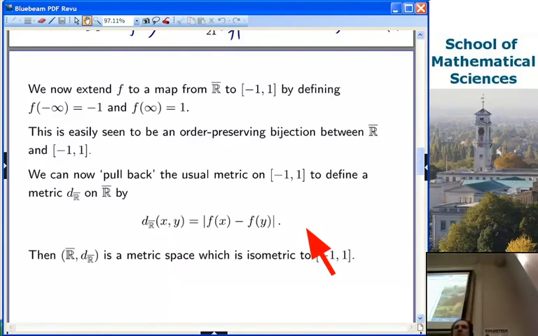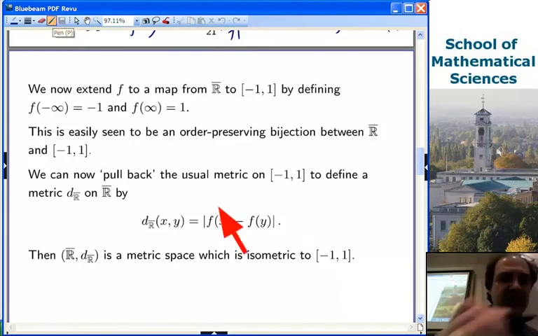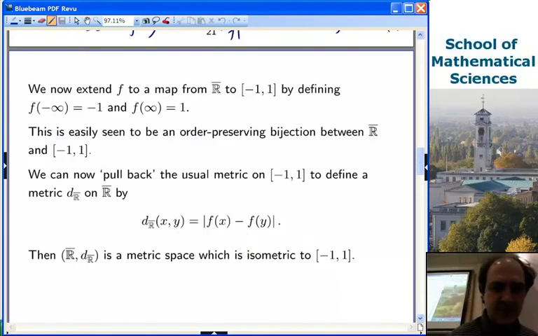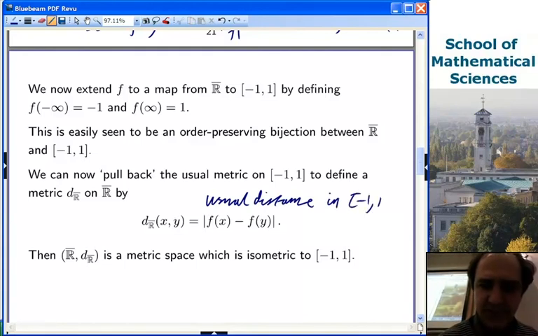You look at the modulus, usual modulus in R, of the difference between f of x and f of y. So that's the usual distance in R, or the usual distance in minus 1, 1, which is the usual distance in R.